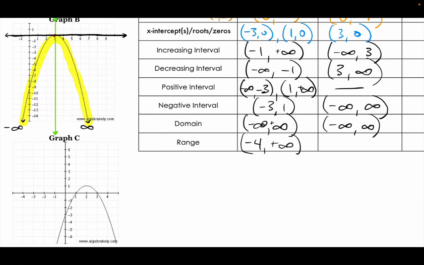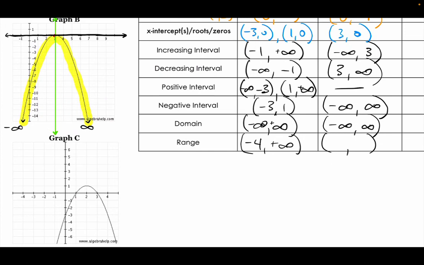The range, top to bottom, or bottom to top. Is this one going to have a top or a bottom? So the arrows are on the bottom, right? So how far are those arrows going to go? Forever. So it's not going to have a bottom.